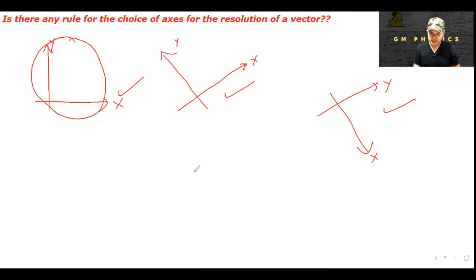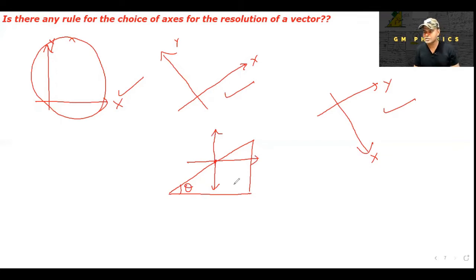Let's take an example. Suppose this is an inclined plane, right? The angle is theta. A force is acting in vertically downward direction on some object. I need to take the components of this force as a part of the problem. So do I need to take the components along x-axis and y-axis like this?